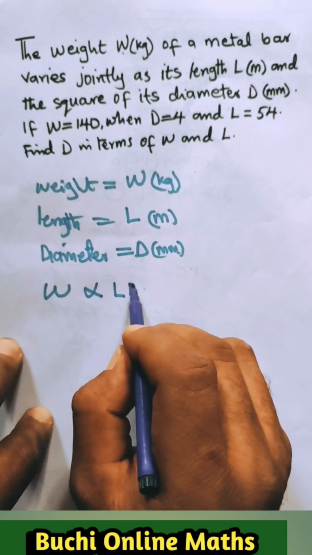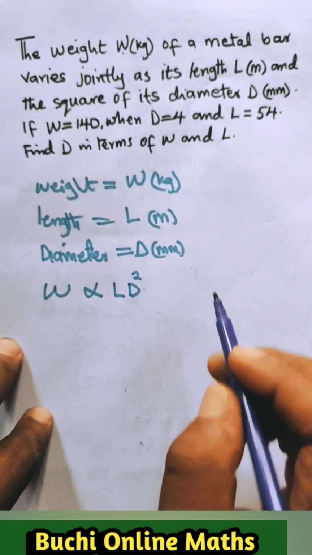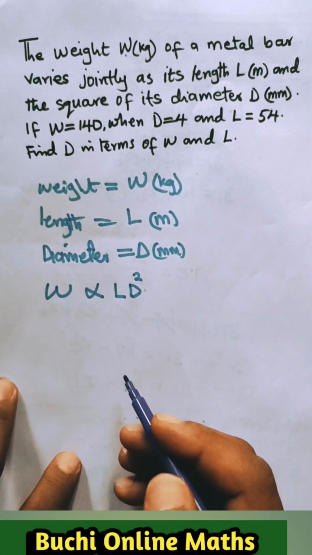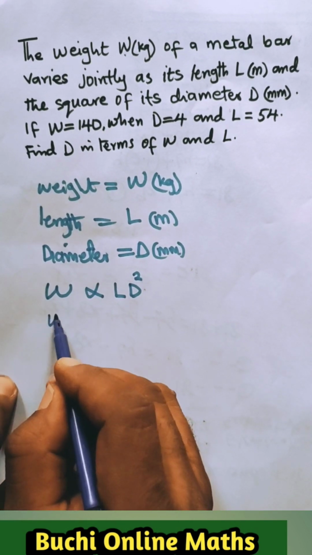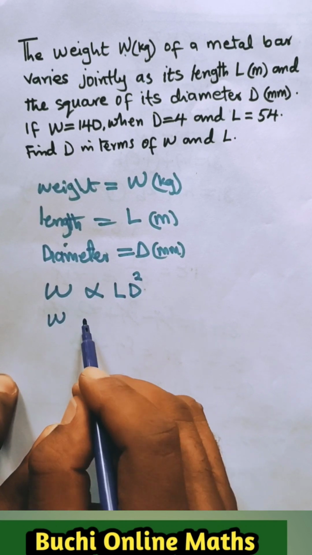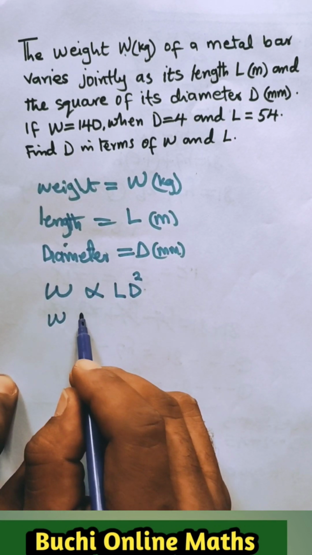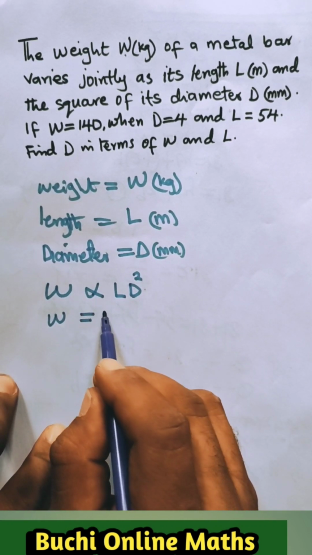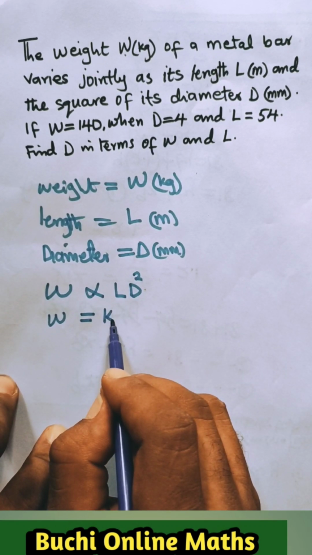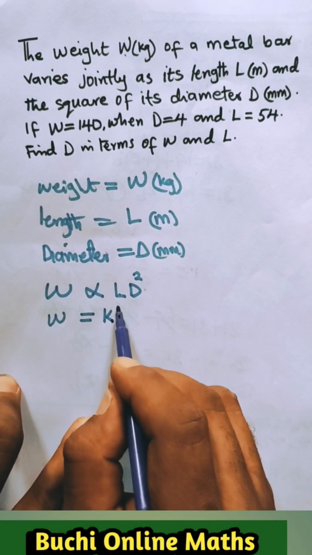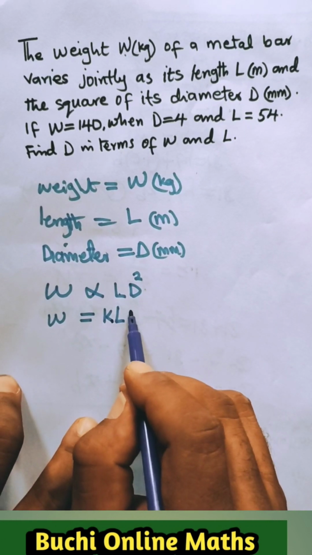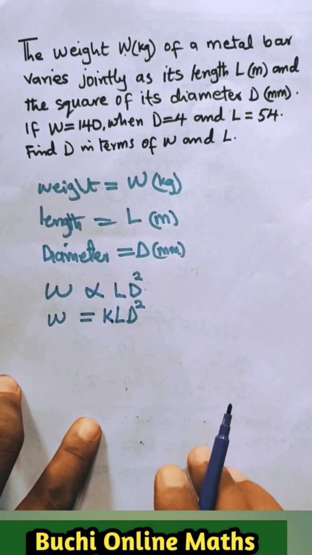If this is the diameter, then square of diameter is D raised to power 2. To turn this into an equation, what we normally do is to remove this variation symbol, replace it with an equality sign, and introduce a constant which we can call k or any other letter apart from L and D. This constant will multiply L and also multiply D squared.